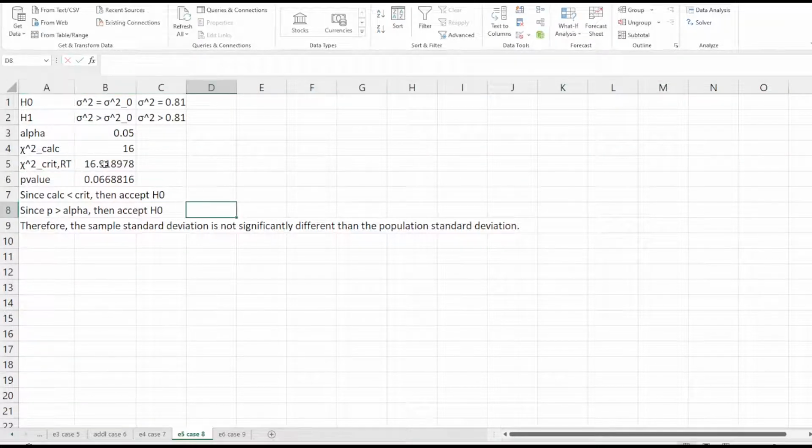I'll just place right tail, just to remind you that we are taking the right-tail critical value for this particular problem.